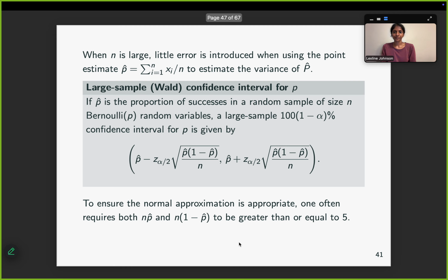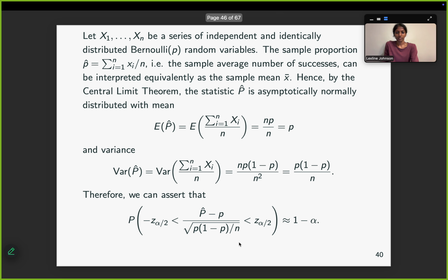So when n is large and little error is introduced, we can use the point estimate to estimate the variance of p for our population. And we can use this formula that we had earlier.